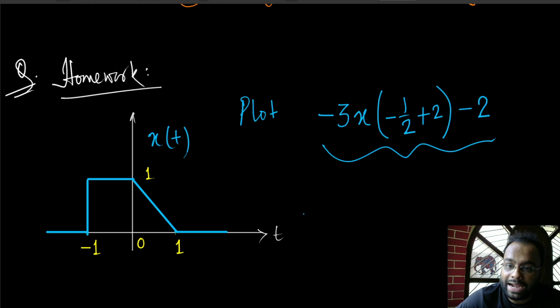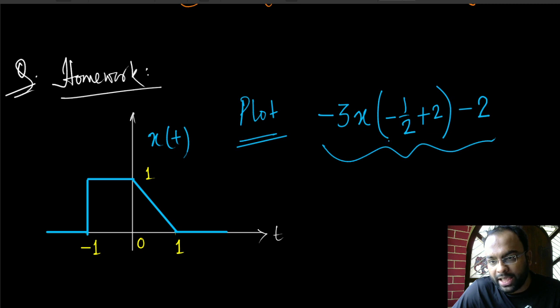So do that and email me the answer. So do the plot and email me the answer. That will be one of your assignments, and this would be worth 5 marks for your semester. So please try figuring this out. If this is x(t), you have to figure out minus 3 x of minus half t.